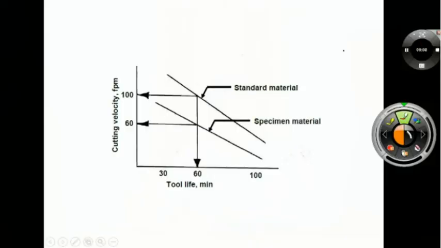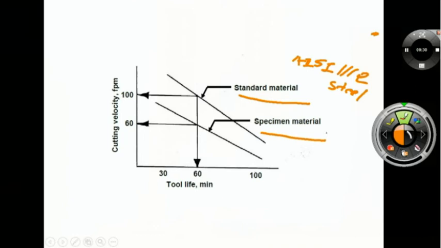Let me give one example. Here you can see that this is the standard material. The standard material is taken as AISI 1112 steel, and this is the specimen material which is under investigation. Here the cutting speed versus tool life is plotted.